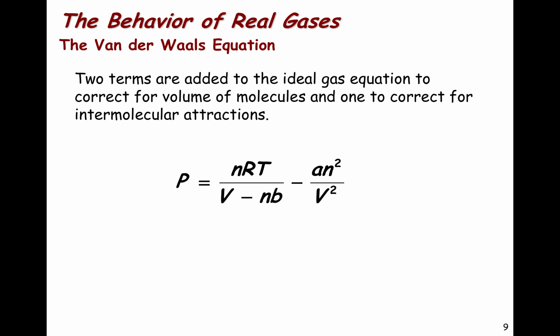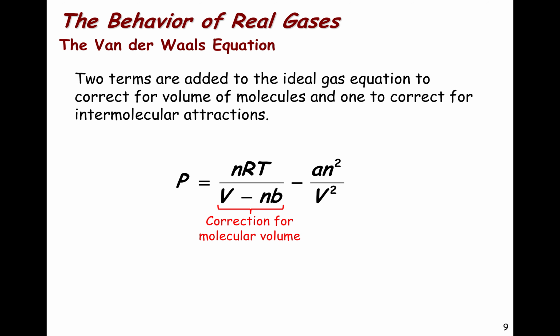To account for these properties, a Dutch scientist named van der Waals came up with a mathematical modification of the ideal gas law to account for the interactions of the gas molecules with one another, both in terms of adjusting for the molecular volume and the intermolecular forces.